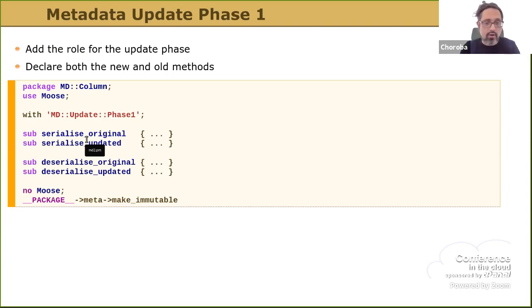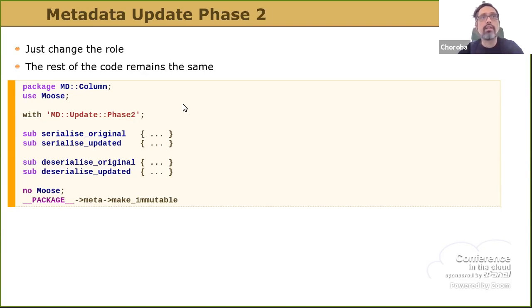Usually they have a common code that doesn't change at all, and you just change one small thing somewhere. But the important thing is that we have both of these in the first phase already. And then the second phase, which starts producing the changed data, or metadata, you just change this one digit, and that's all.